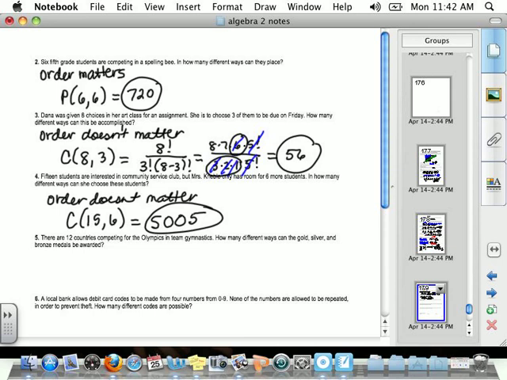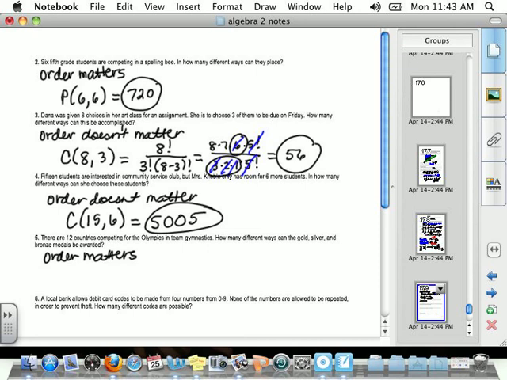Okay, there are 12 countries competing in the Olympics in team gymnastics. How many different ways can gold, silver, and bronze medals be awarded? So order matters, right? That means you can do a slot method or permutations.